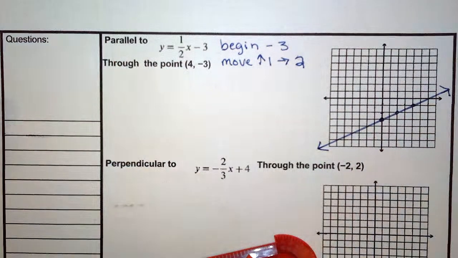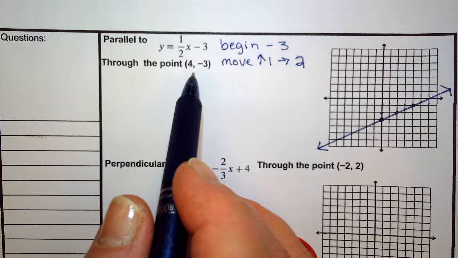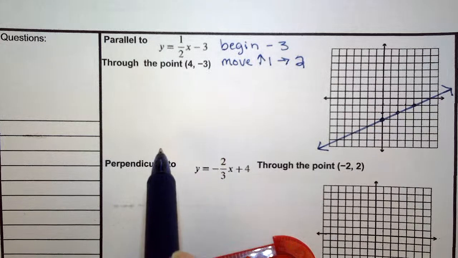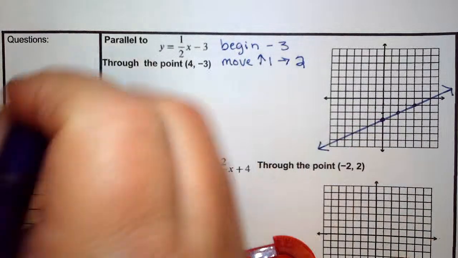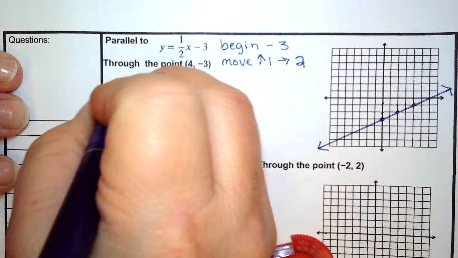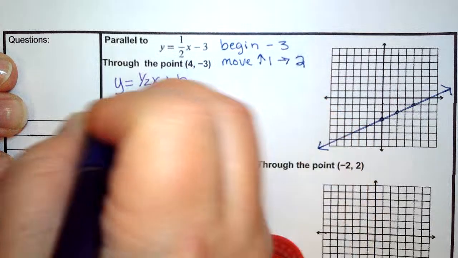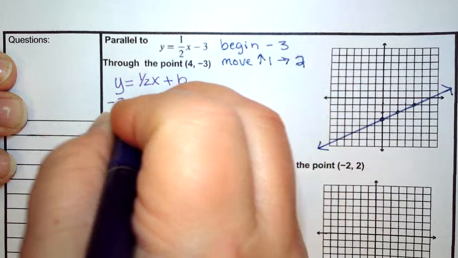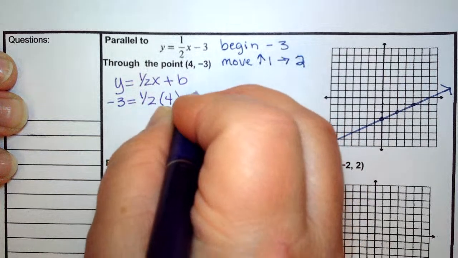Once again, if it did not ask me for the equation, I could start at the point 4, -3. Go up 1 and right 2 and get the exact same line. But it wants the equation, so I know my slope still is 1/2. Y equals 1/2 x plus b. -3 equals 1/2 times 4 plus b.